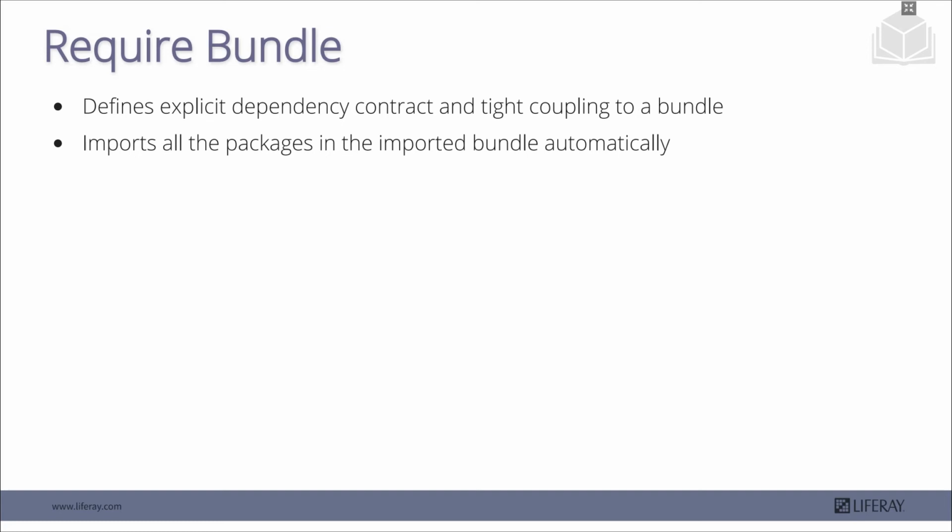We're saying my bundle requires another bundle. And so while this is cool in the sense of I can get all of the features of that bundle, again, it provides a very tight coupling to that bundle, and that can be a little bit dangerous.